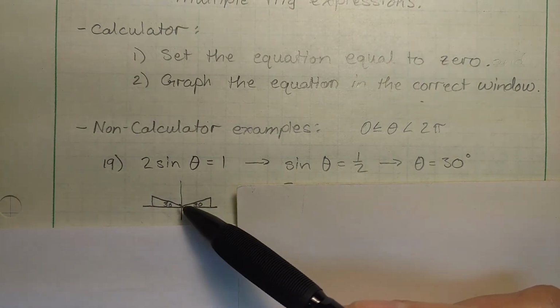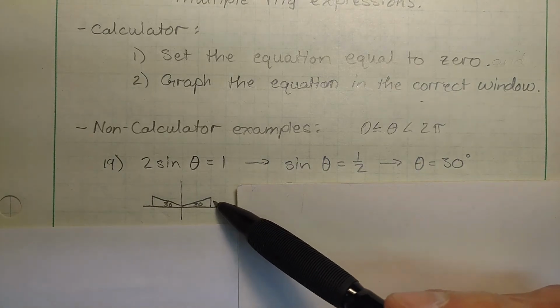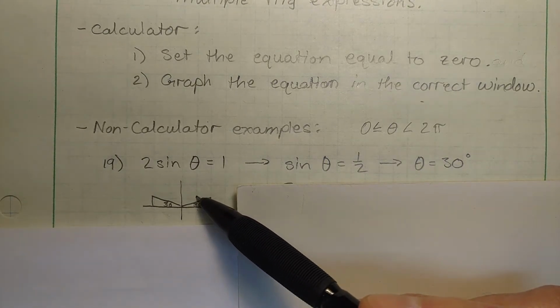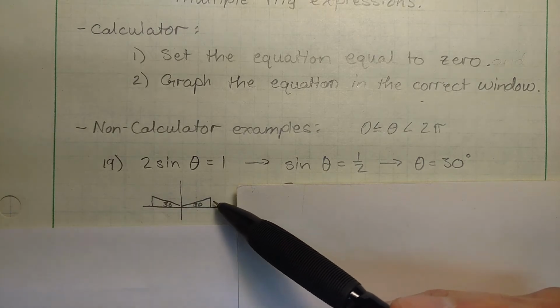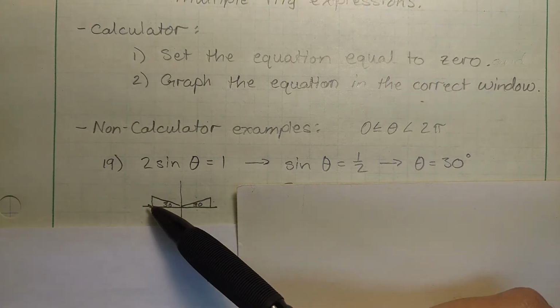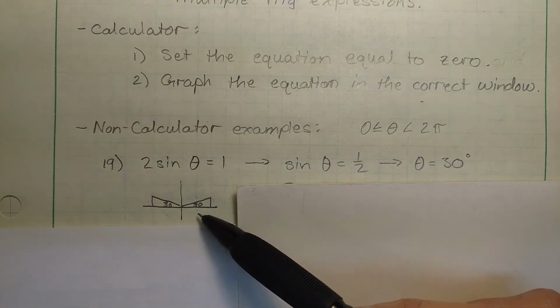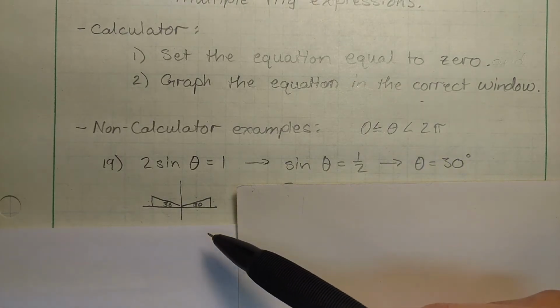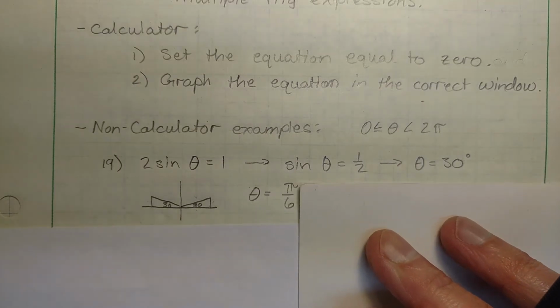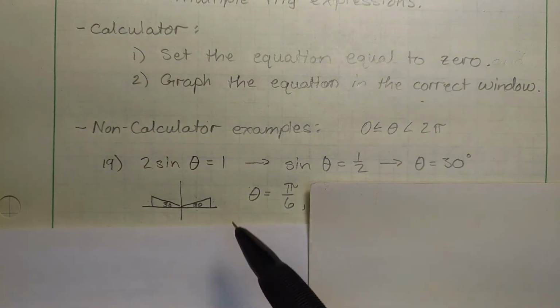So I created my 30-60-90 where this is the 1 and this is the 2, the hypotenuse. So I get both of those, I get 1/2. Well, look at what those are. 30 degrees. What's the equivalent of that in radians? It's pi over 6.